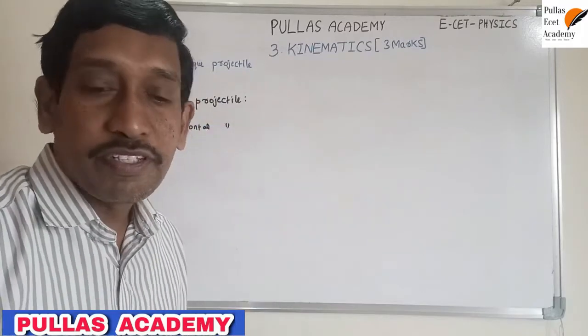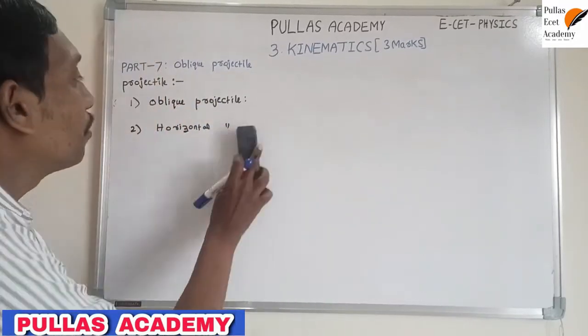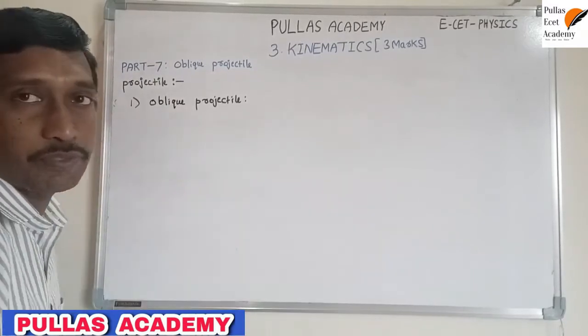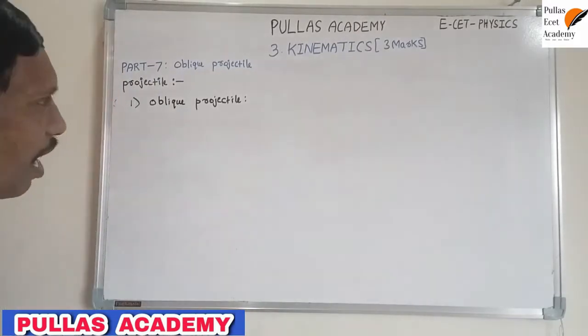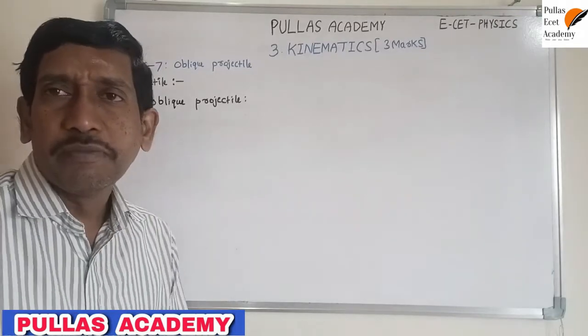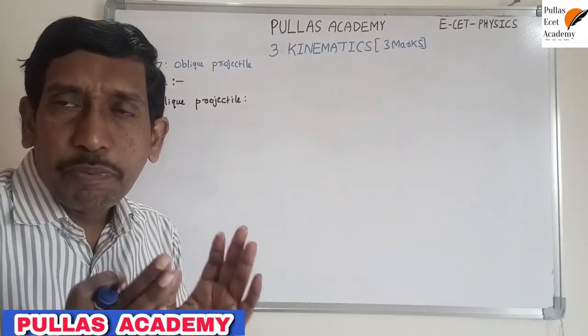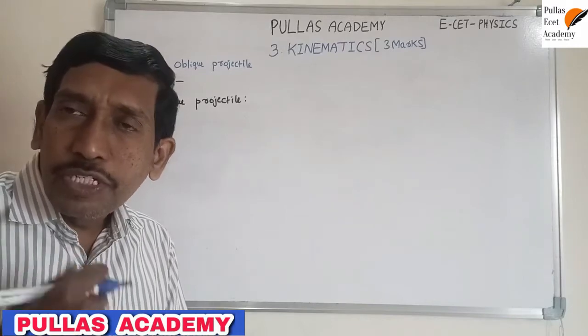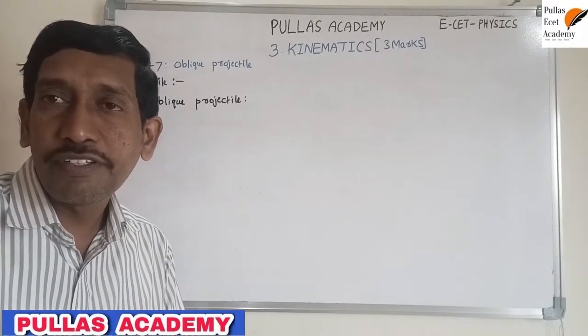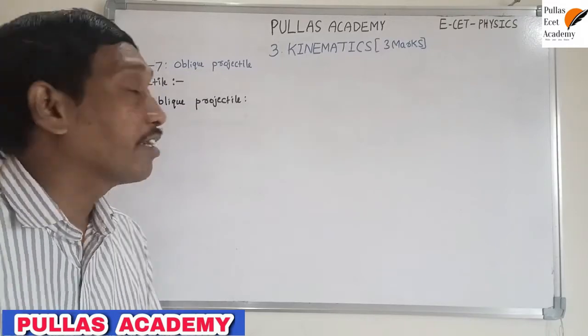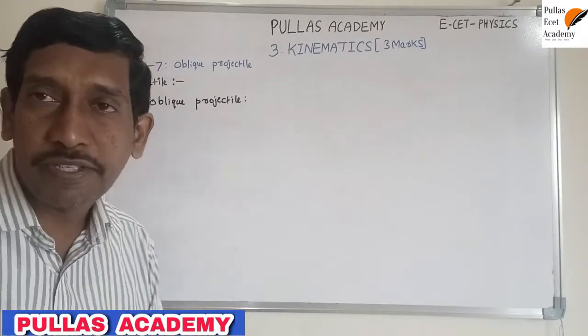Now we are going to discuss the oblique projectile clearly. Listen carefully. According to the definition, a body which is projected into air with some velocity at an angle theta with the horizontal, which is less than 90 degrees, is called an oblique projectile.